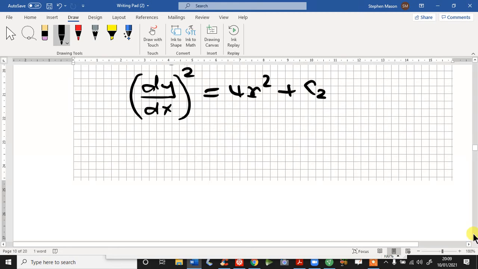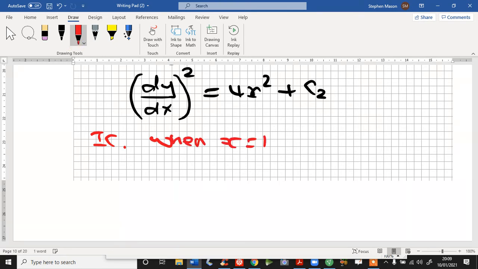And how do we do that? Well, if we write down the initial conditions again, when x equals 1, y equals 5, and y prime, which is dy by dx, is equal to 2, right?